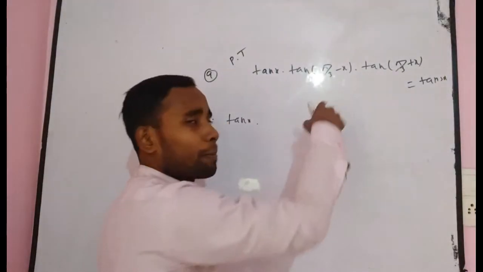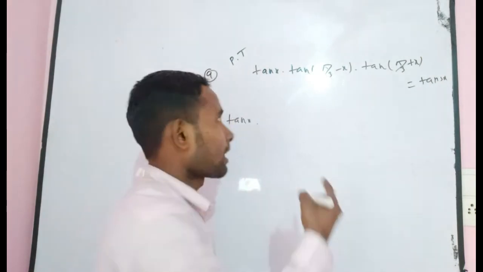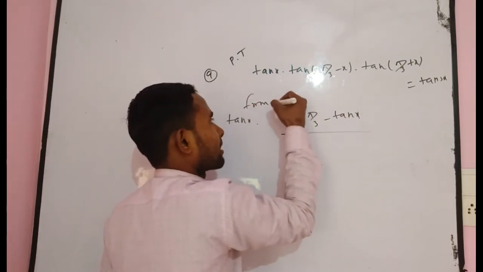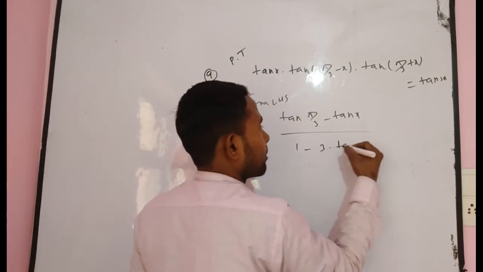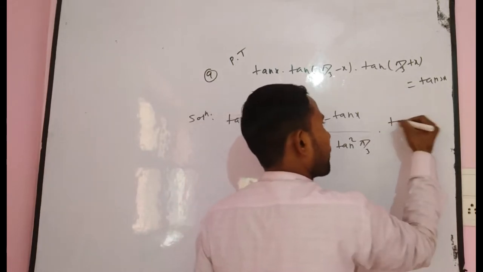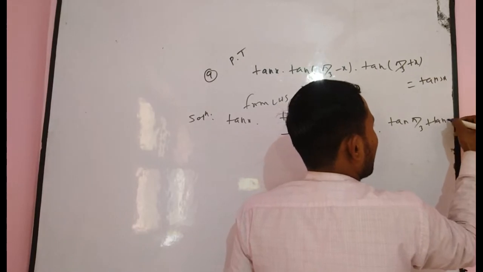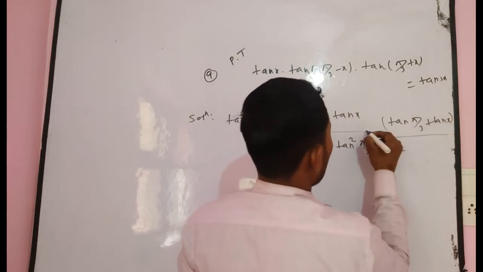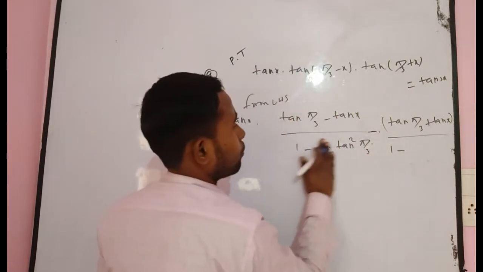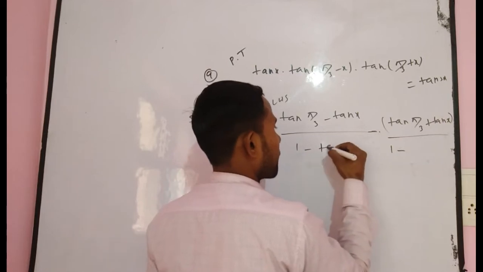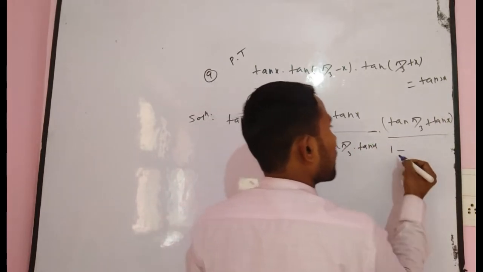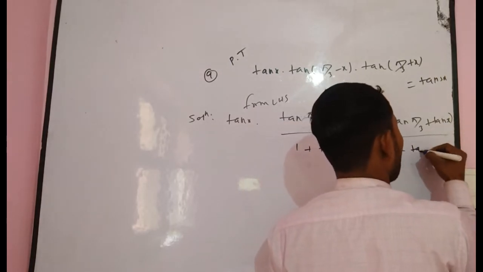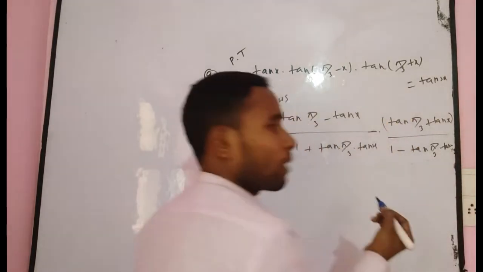What is the formula of tan a minus tan b? tan(a minus b) is equal to tan a minus tan b divided by 1 plus tan a into tan b. Sorry, I made a mistake. For tan(a plus b), it will be tan a plus tan b divided by 1 minus tan a into tan b. Now you have to do some simple calculation.